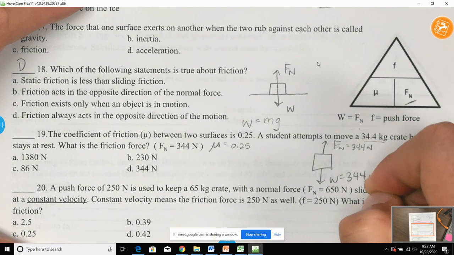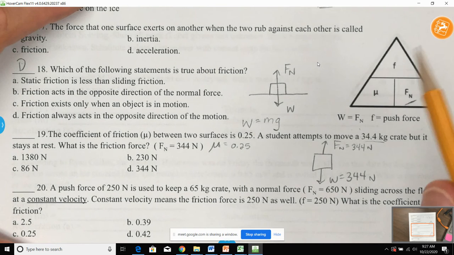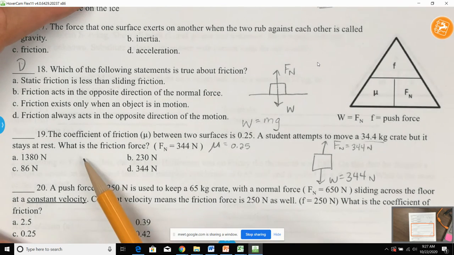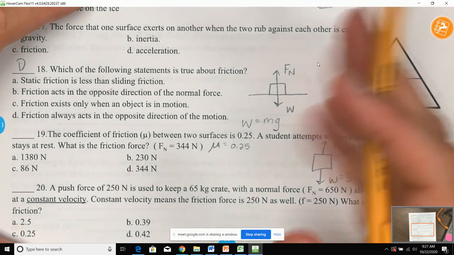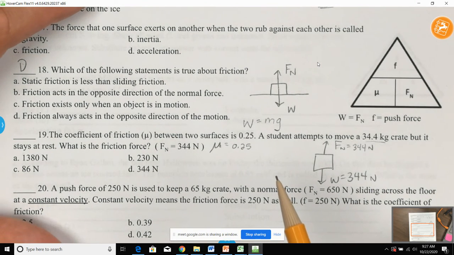We want to know what the friction force is.